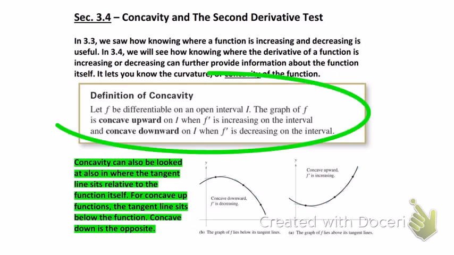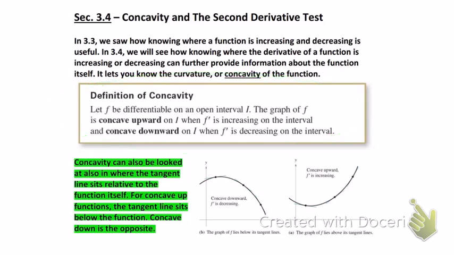So you look at these notes and it says just what it's saying. It's kind of obvious when you're looking at a picture. And the thing I highlighted is, where's the tangent line in relation to the curve?